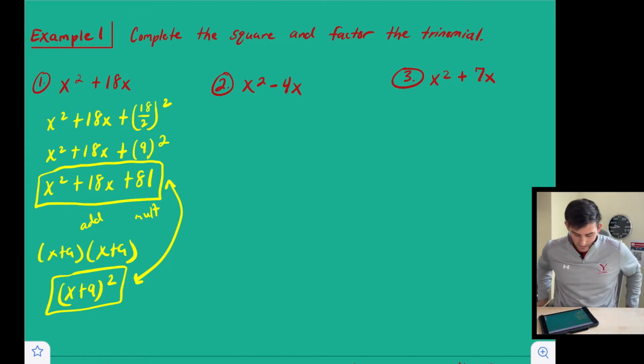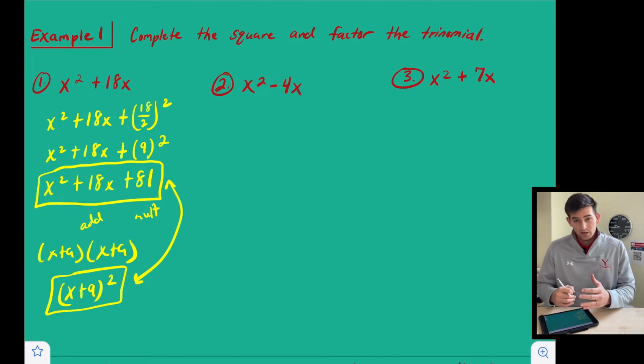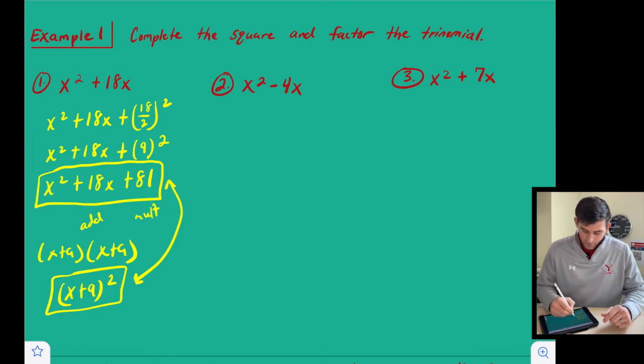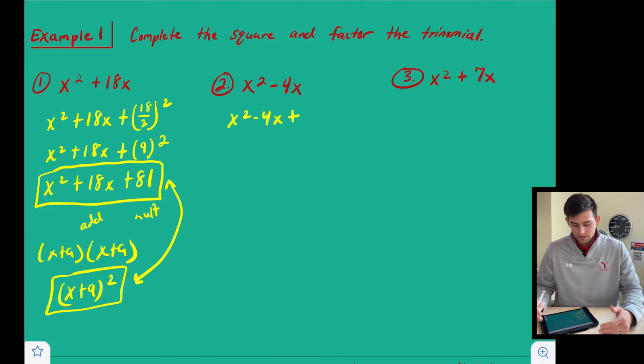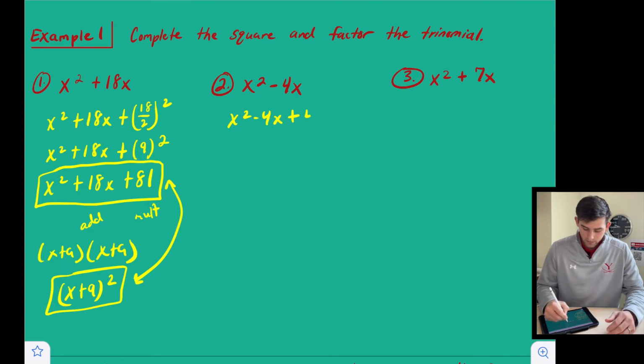All right, now let's look at the next one, and we'll try to do it in a little less detail so we can go through it quicker and you don't have to write down as many steps, but we can always look back at this first example to check on what we're doing. For the next one, we have x squared minus 4x. So x squared minus 4x plus b divided by 2, so negative 4 divided by 2 is negative 2, squared is positive 4.